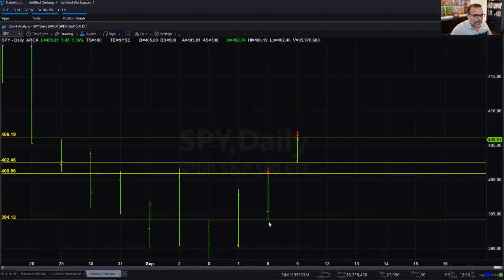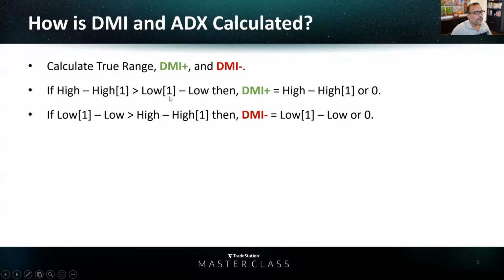So we have the low over here, 394, minus this low, 402. That gives us a negative number. So we have a positive number here and a negative number here, so this condition is actually true. What does that mean? That DMI plus equals that value, $6. Does that make sense?